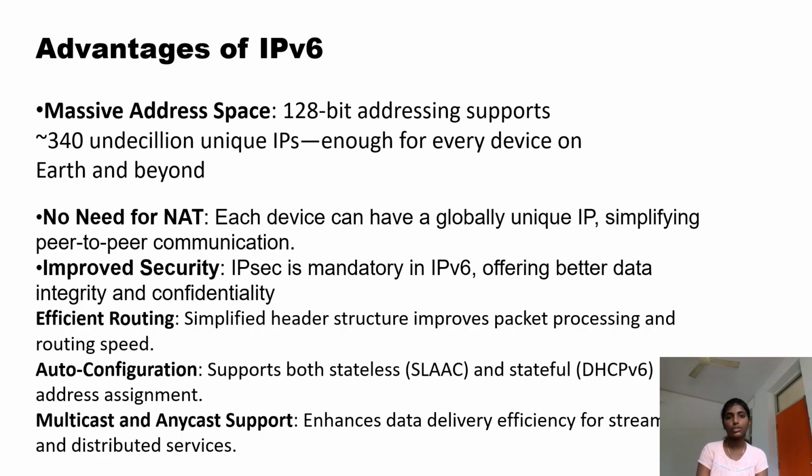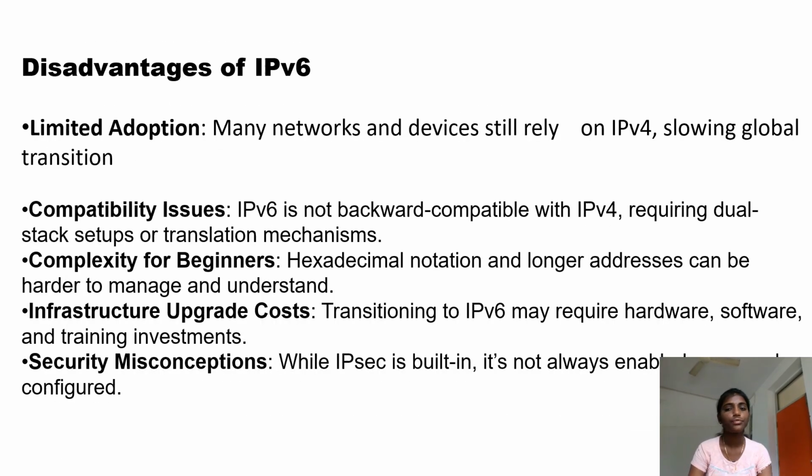Now, disadvantages of IPv6. Some of the disadvantages are limited adoption. Many networks and devices still rely on IPv4, slowing global transition. Compatibility issues. IPv6 is not backward compatible with IPv4, requiring dual stack setups or translation mechanisms.